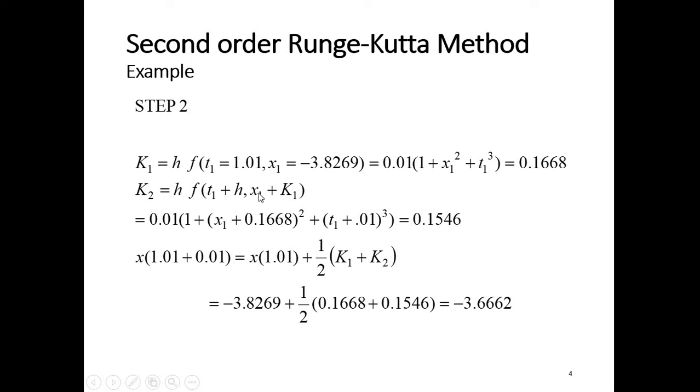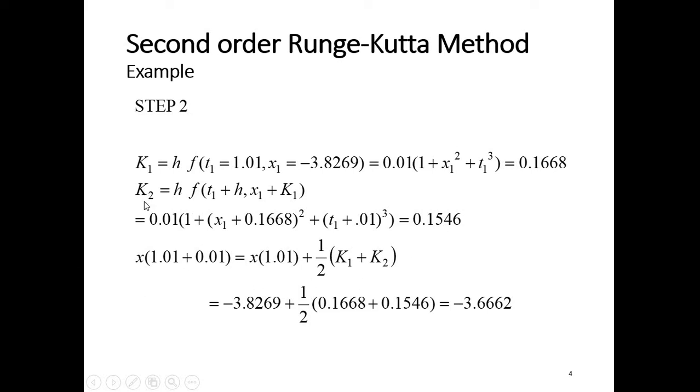And then this one is x1, the value computed in our previous step, plus k1, which is this value. Making the relevant substitutions, this will be 0.01 times 1 plus x squared, where x is x1 plus k1, plus t, which is t1 plus 0.01, cubed, and this will give you 0.1546.